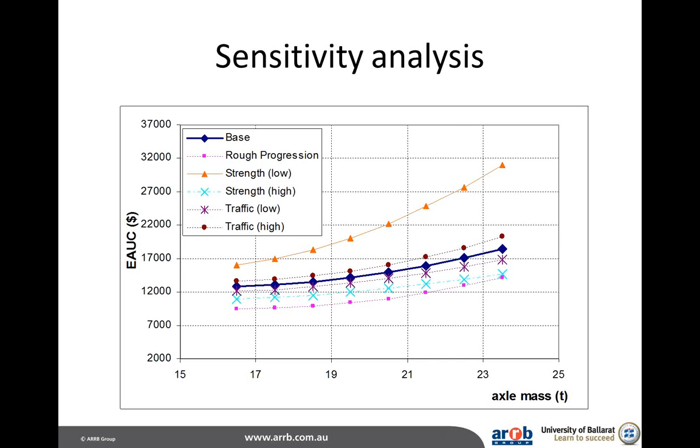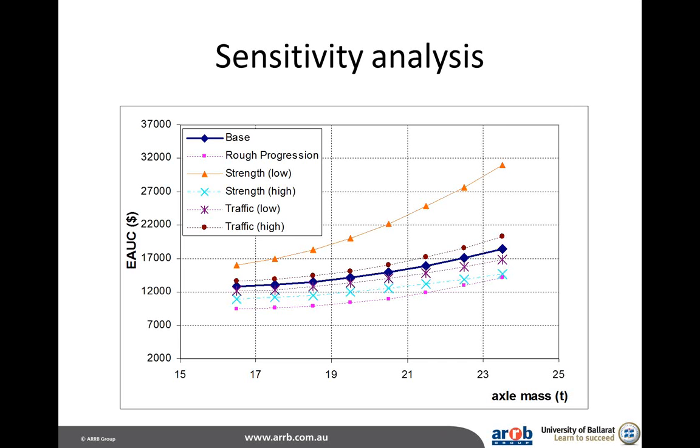The other results I wanted to show you was a quick sensitivity analysis that looks at the way the FAMLIT model responds to changes in input parameters. The input parameters that we changed were roughness progression coefficients, the starting strength of the road, and the different traffic levels. What we were interested in is both the way it changed the total cost, but more importantly how it changed the marginal cost.